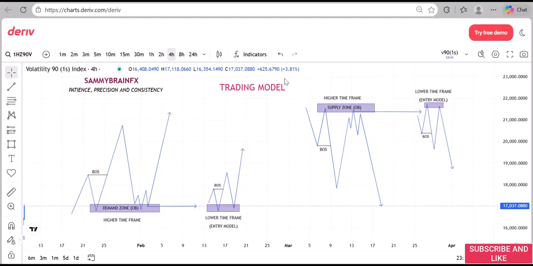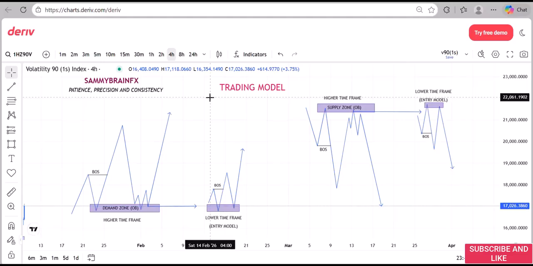Alright, let's dive in. So we're looking at first of all our trading model. Now our trading model, we have the buy side and then the sell side. So let's start with the buy side, which is first of all our demand zone. Before we look at buying in any trade, we're first going to make sure that the market is in an uptrend.